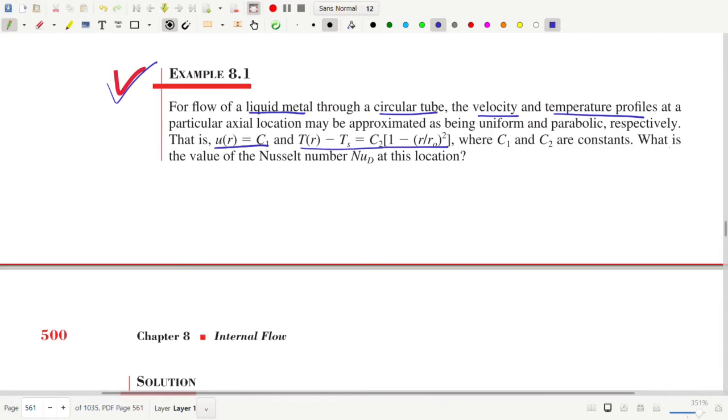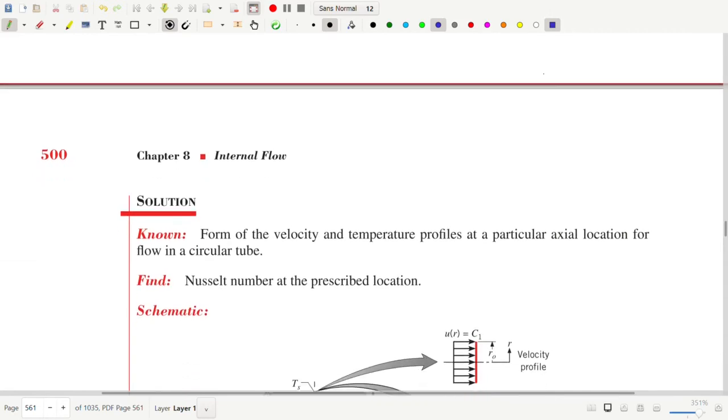What we have to find is the value of the Nusselt number at this axial location. Since we are talking about liquid metal, this will help us to calculate the Prandtl number if required.